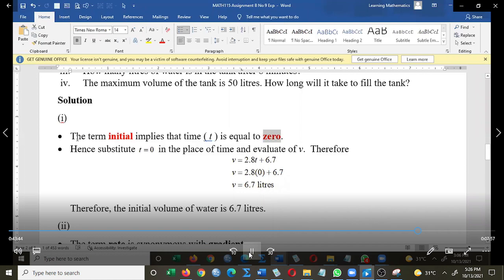The term initial implies that the time is 0, and the time is the independent variable, it is the x.